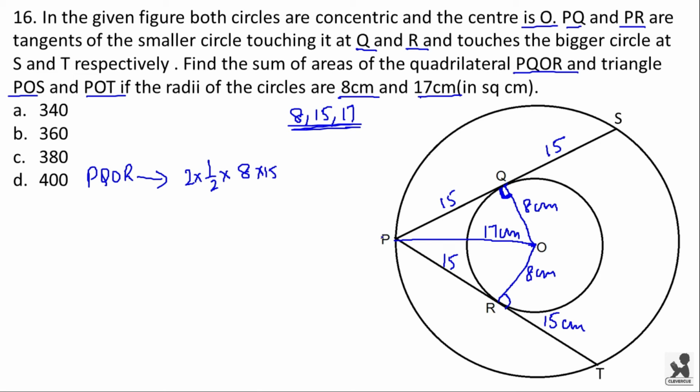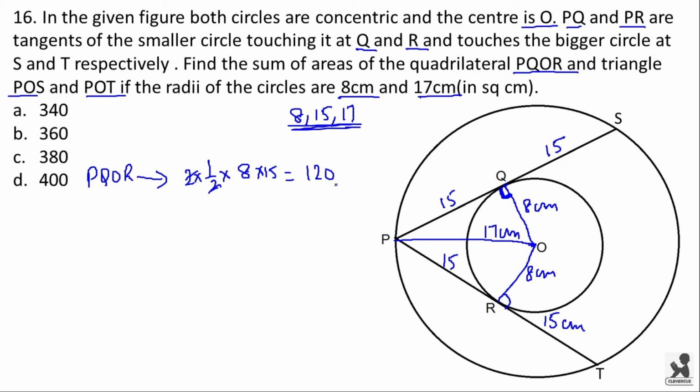If you consider this triangle PQO, you have base as 8 and height as 15. So this will be equal to 8 into 15, 120. So the area of the quadrilateral is 120 square centimeters.